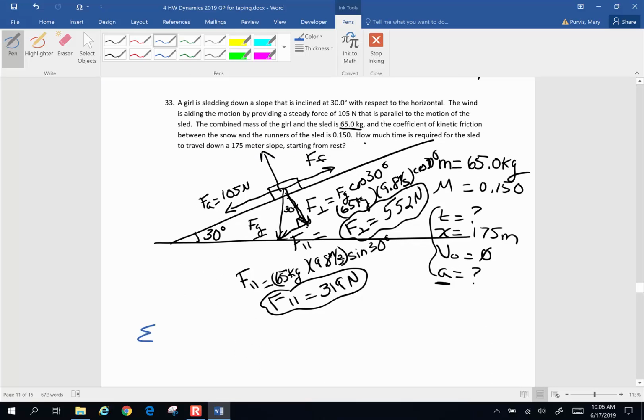So if I sum the forces parallel to the incline, and I'm going to sum the forces perpendicular to the incline. Now, perpendicular to the incline, that's going to be the up and the down forces. In this plane, those forces are going to be equal to 0.